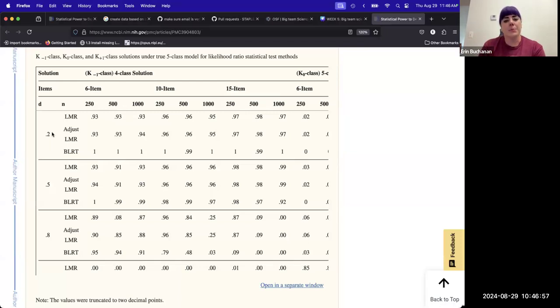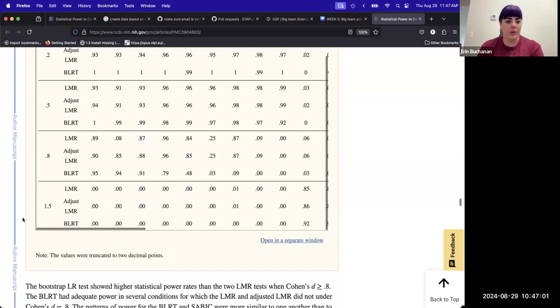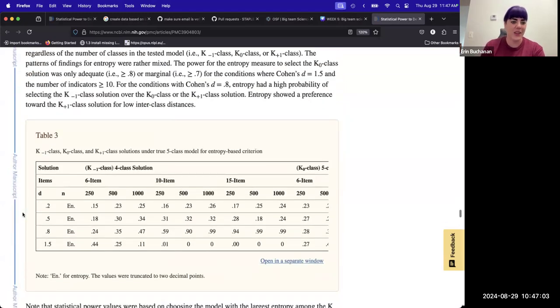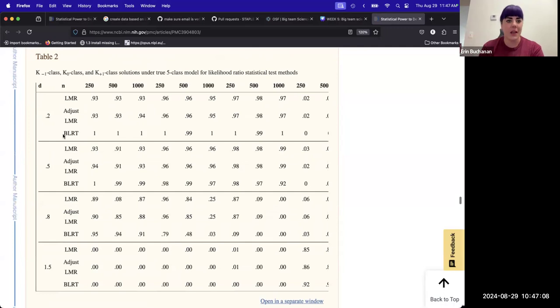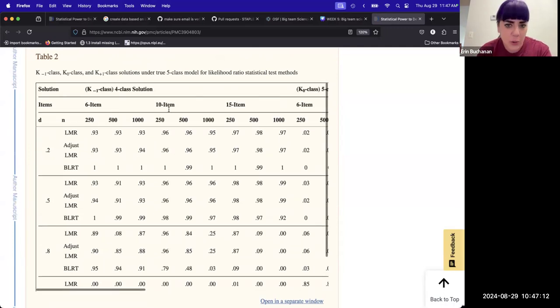And they have this lovely table that you can use as a way to kind of say, if we need 95% power and we know we have a 10-item scale, you can actually detect a Cohen's d of 0.2 between classes in a 4-class solution with 250 people. Does that make sense? Okay, you're nodding.